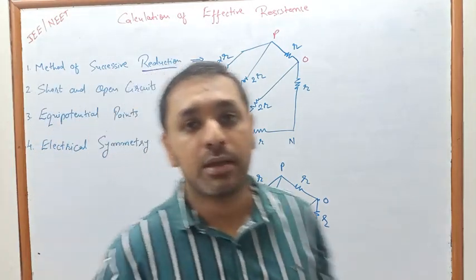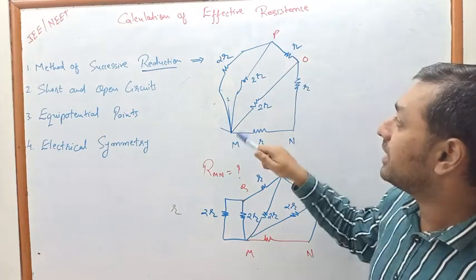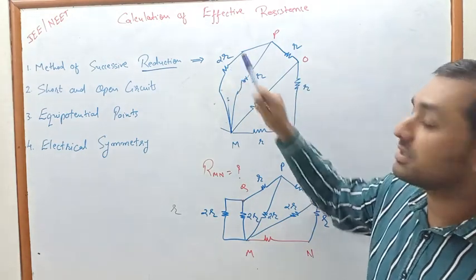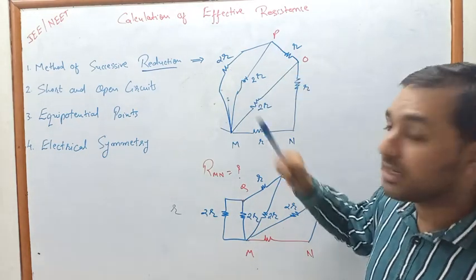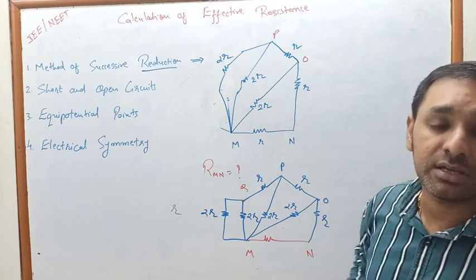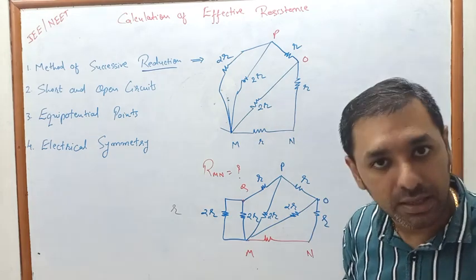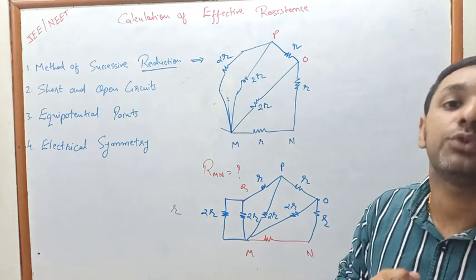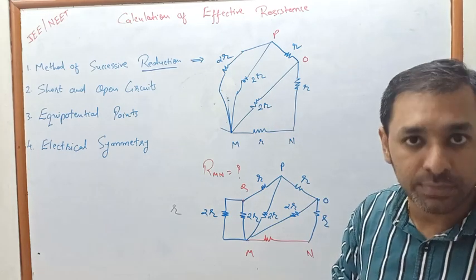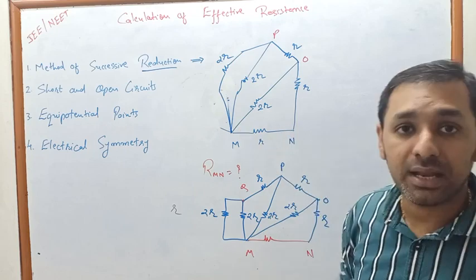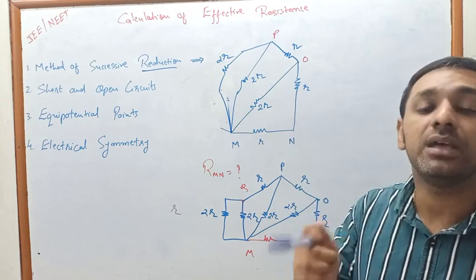Okay. Come back to points P and M. Now this resistor is between point P and M. This resistor is also between P and M, and these two are in parallel. Again the same rule, if two resistors of the same value are in parallel, then the resultant will be half.